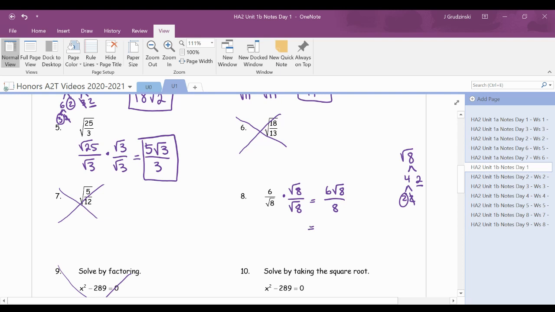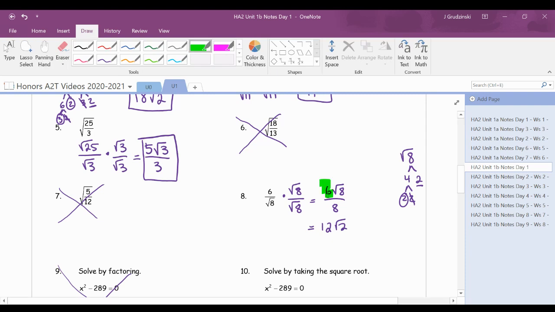So this is going to become 12 root 2, and I got 12 because I multiplied the 6 with the 2. And that's still over 8. And then I can simplify 12 over 8, and that's going to give me 3 root 2 over 2.